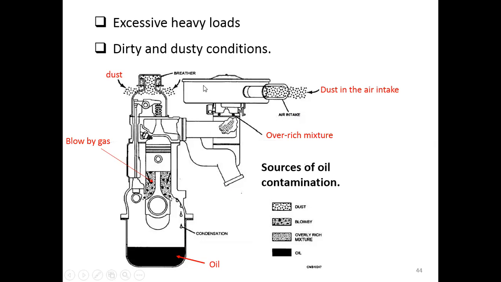This picture shows you where the contamination of the oil can happen, such as from the dust that flows in with the air, from the blow-by gas underneath the piston because it leaks from the top down to underneath the piston here, and also from the lean mixtures, where we may have unburned hydrocarbons left over. All of this can contaminate the oil here.